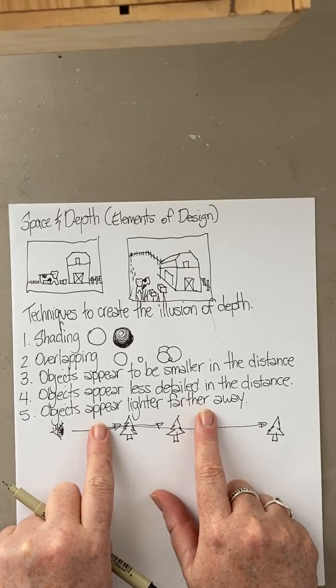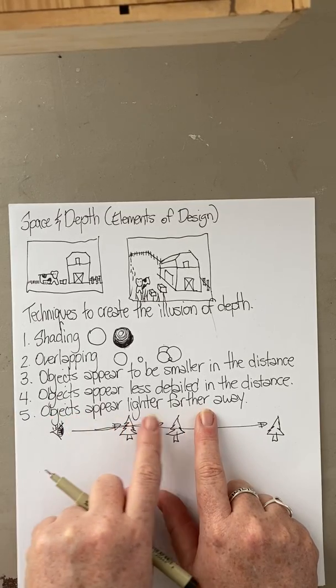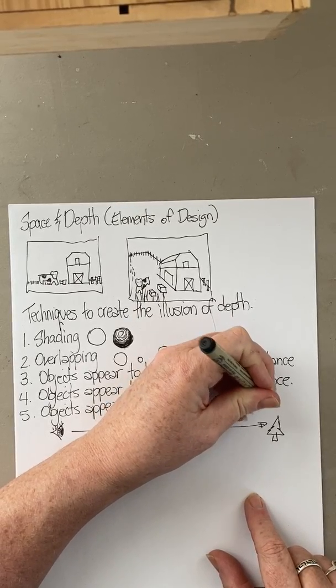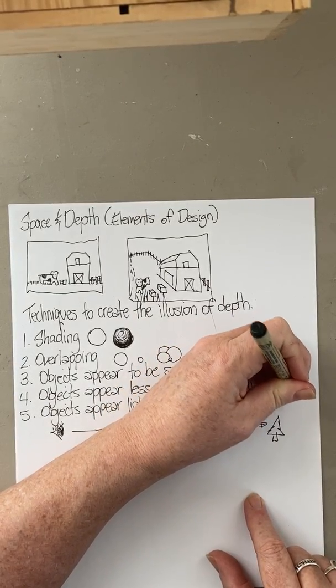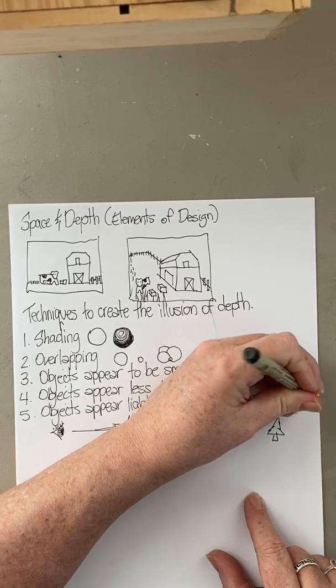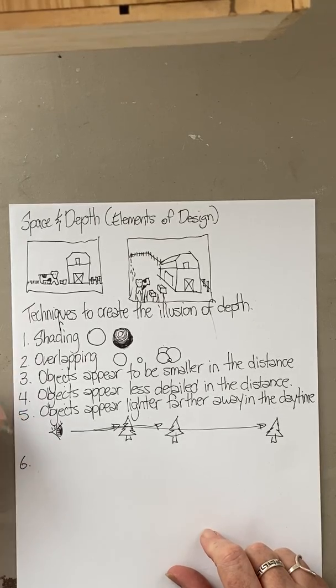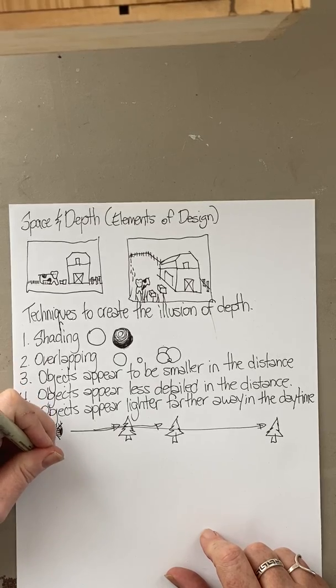We need to qualify this even more though. Objects appear lighter farther away in the daytime, because that is not what happens at night. It's the opposite. Because obviously the things closer to you are better lit, and as things get farther away, they're going to get darker. Okay, number 6 is the position.